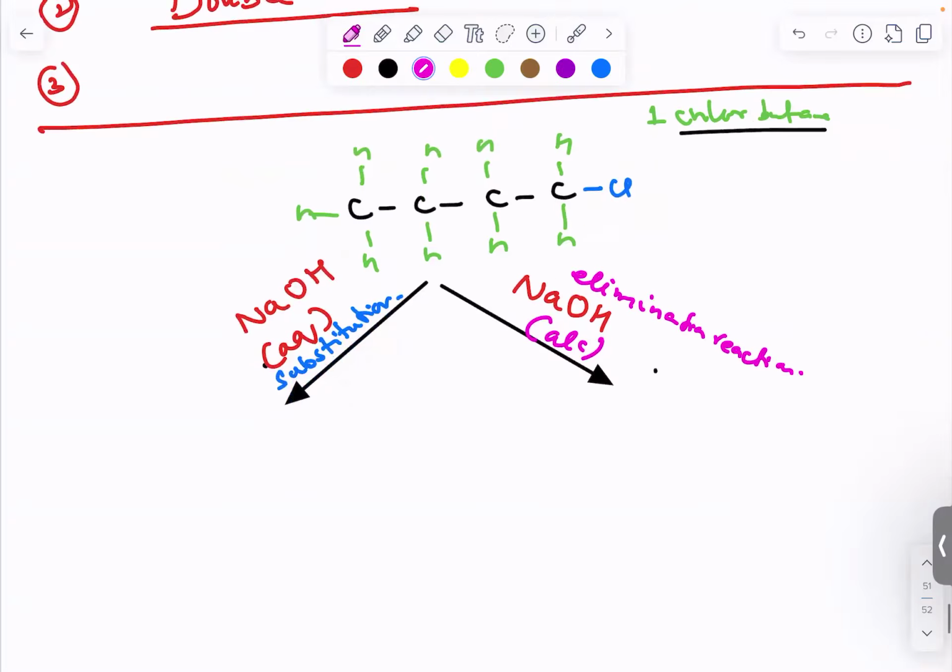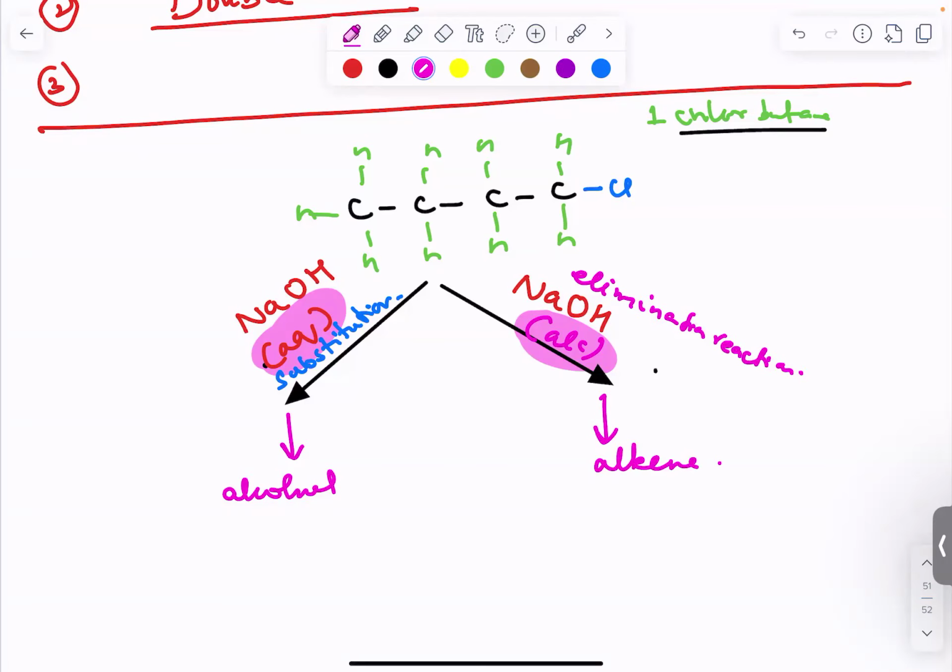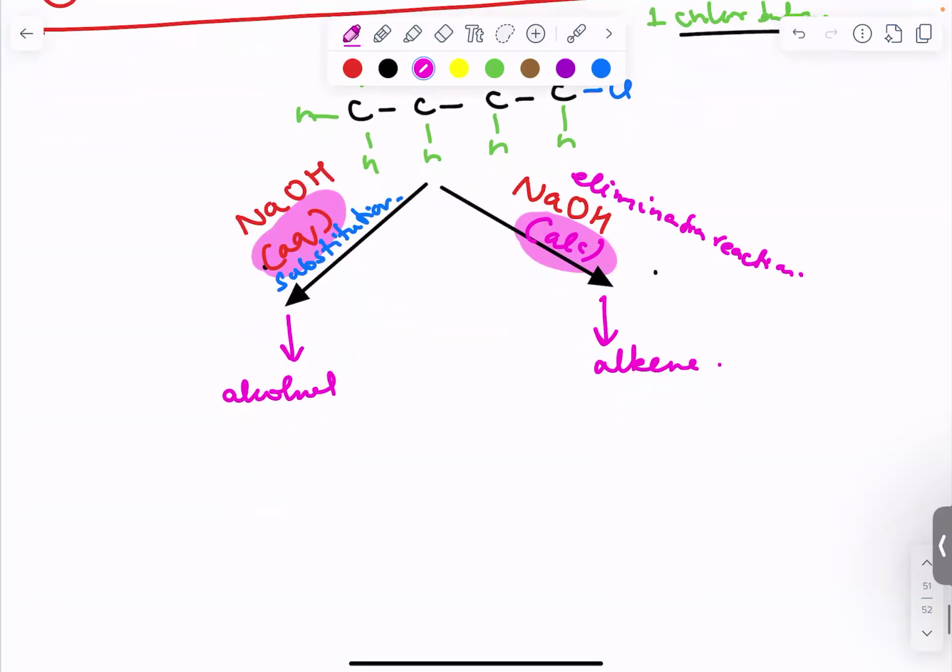All right, so let me highlight this one, and this one. So now, the substitution reaction will give rise to alcohol. And this will give rise to alkene.